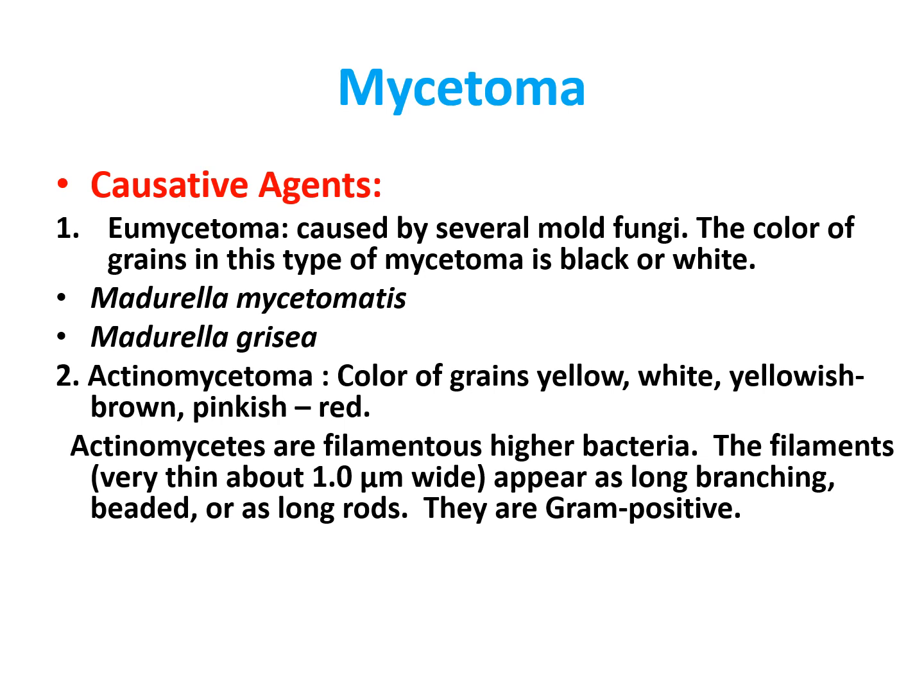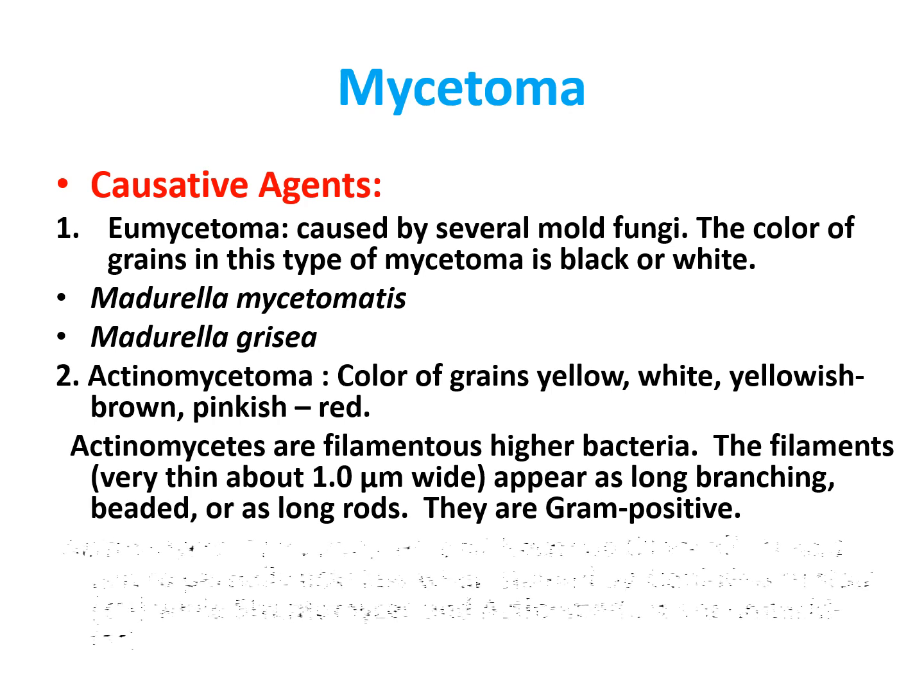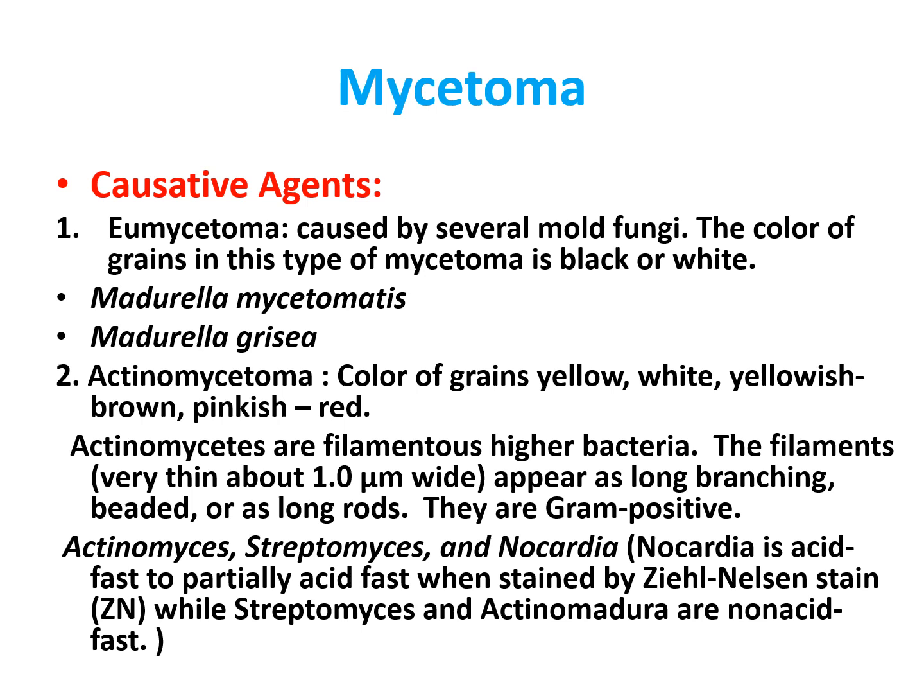Actinomycetes are filamentous higher bacteria that appear as long branching, sometimes beaded or long roots, and they are mainly gram-positive bacteria. Causative agents of actinomycetoma include Streptomyces and Nocardia.